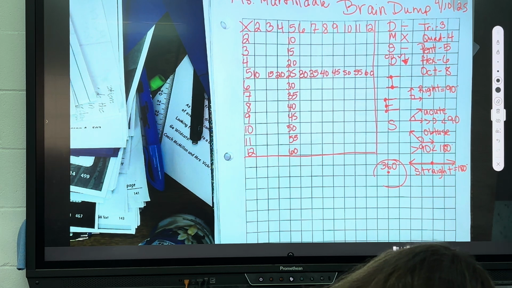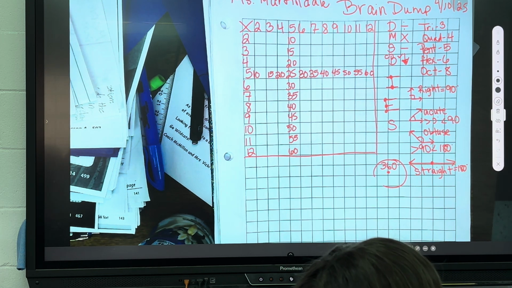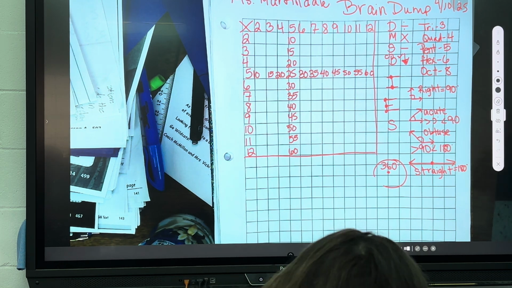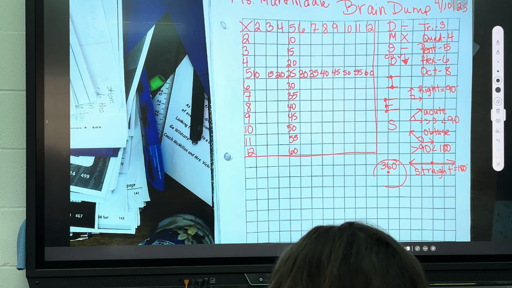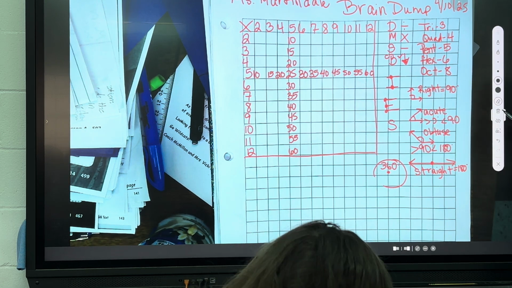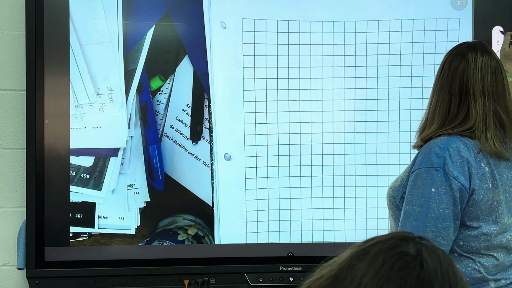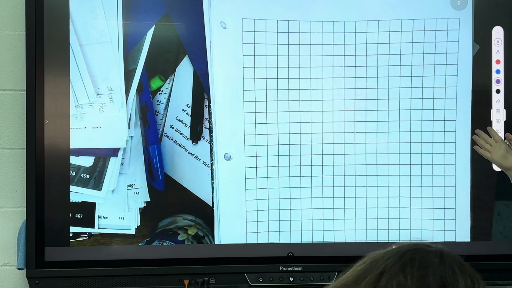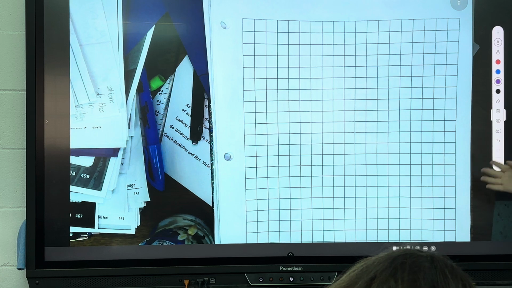We have one friend still writing. I was already done with the front page. Okay, you got it now? Okay, so now we're doing the back. We gotta finish the front, but I don't have room.